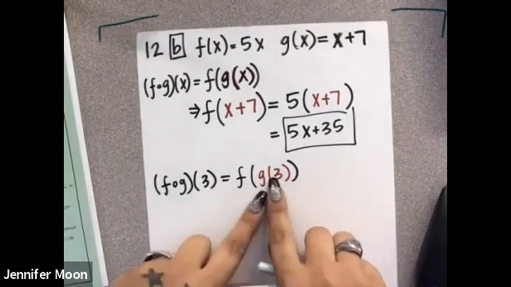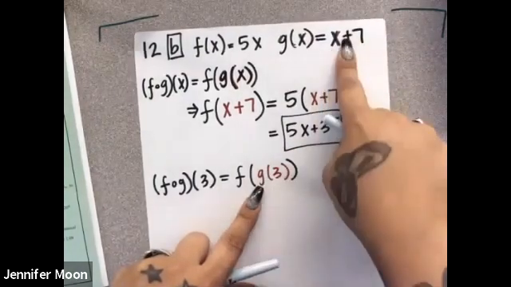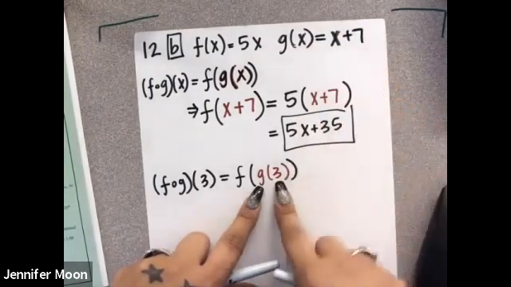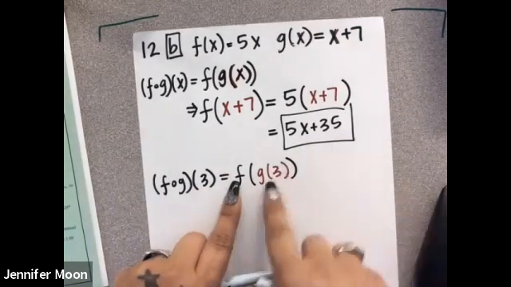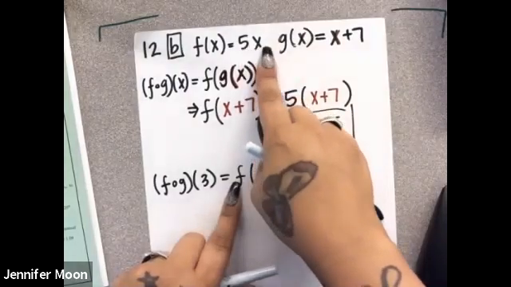You can look at your g of x, make your x your 3, right? So I would get 3 plus 7 is 10, and I'm doing f of 10. Perfectly fine, right? You'll get 50. 5 times 10 is 50.